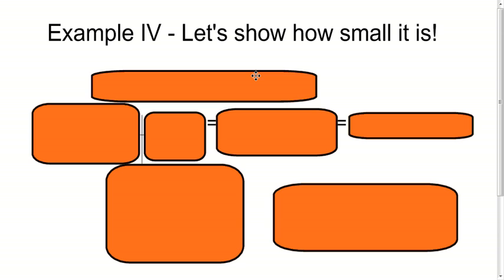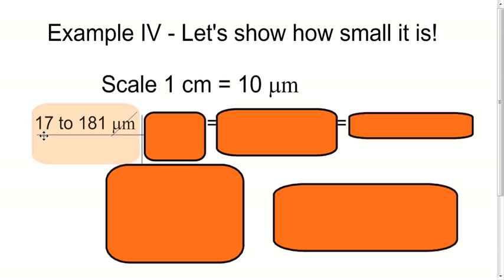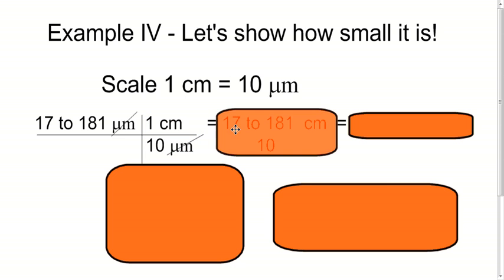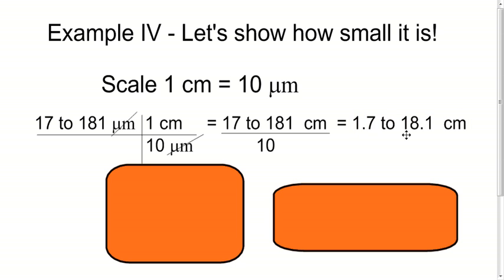Here's another example. I'm just going to use random numbers that are actually real numbers, but I'll explain what they are later. If I had 17 to 181 micrometers, and I converted that to centimeters using this scale, that would be roughly 1.7 to 18.1 centimeters.